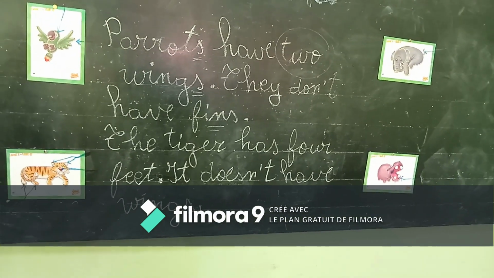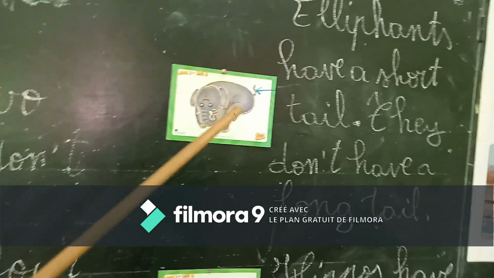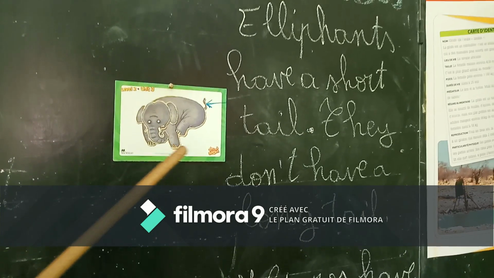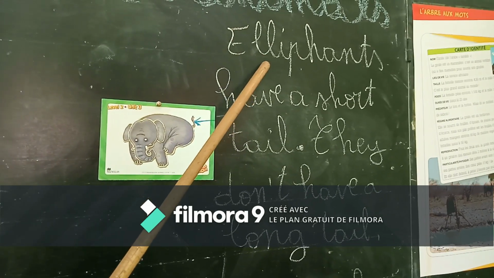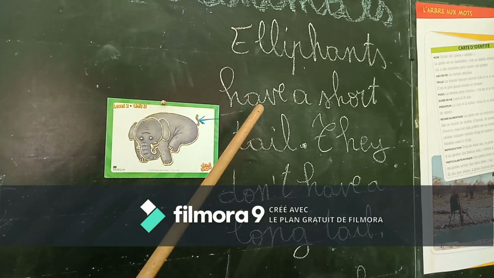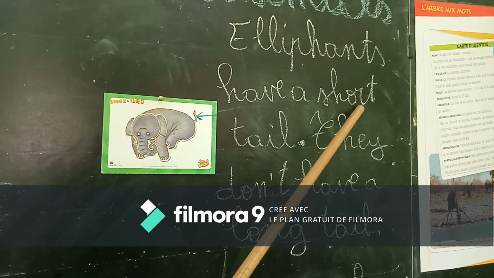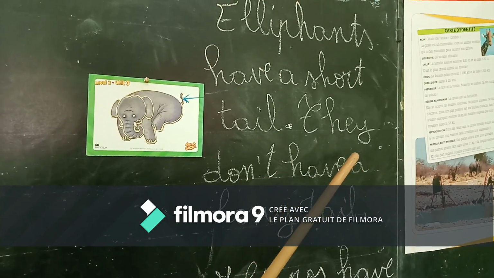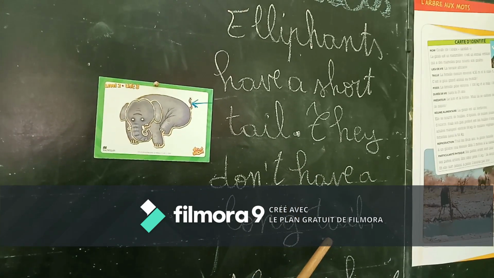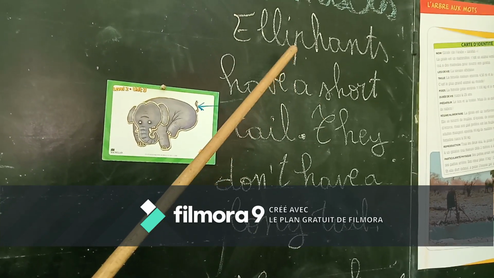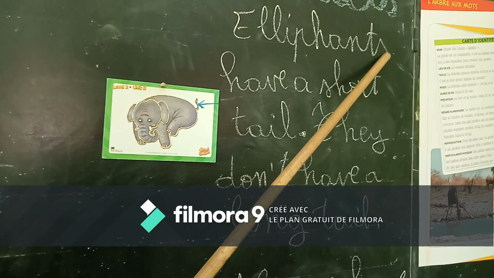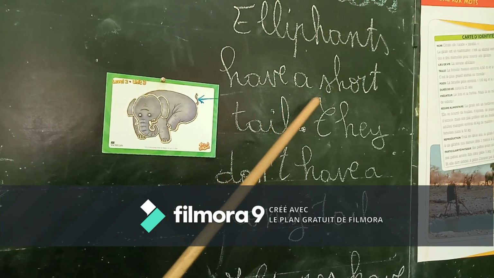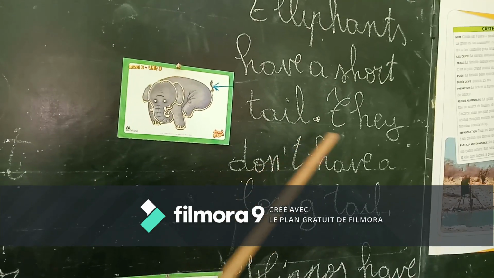Okay, we move to another example. Here we have elephant. Elephants have a short tail. They don't have a long tail. Here we use elephants as plural. We use s. So we say elephants have a short tail.